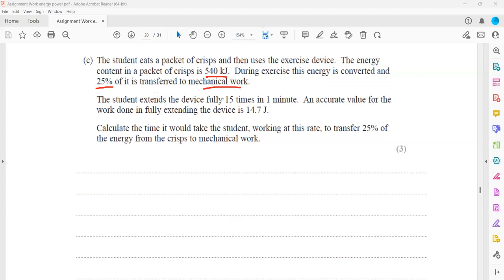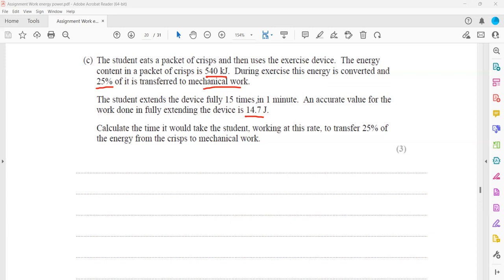The student extends the device fully 15 times in 1 minute. An accurate value for the work done for a fully extended device is 14.7. Like, when the device is fully extended, 14.7 joules of energy is used.